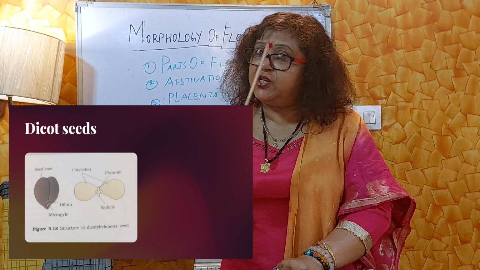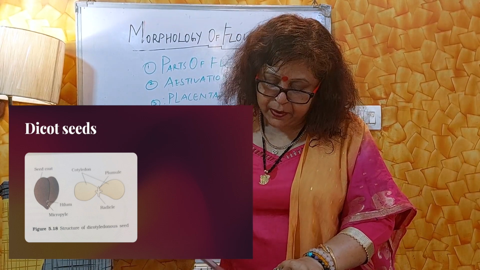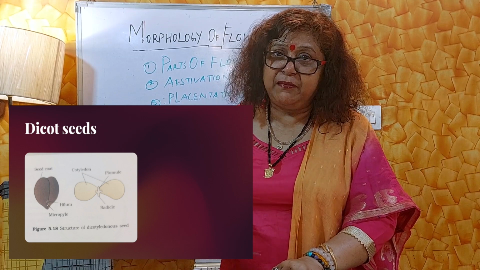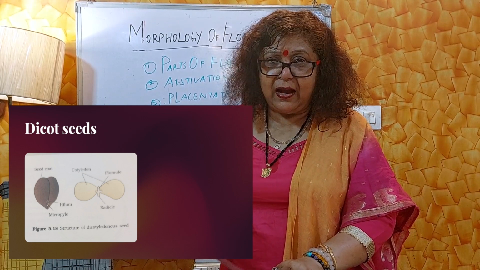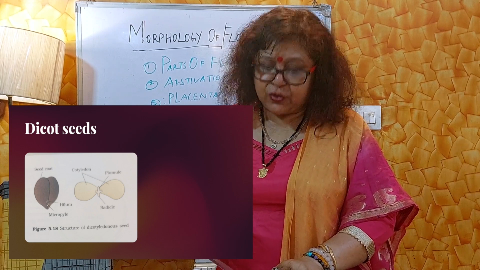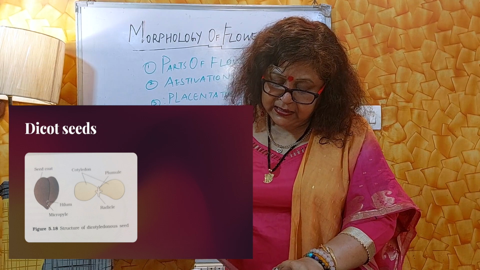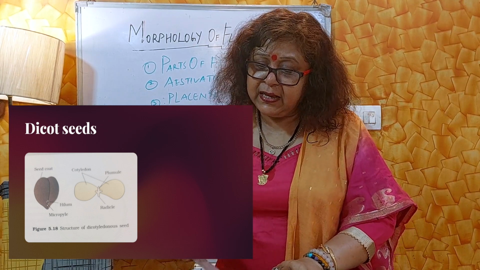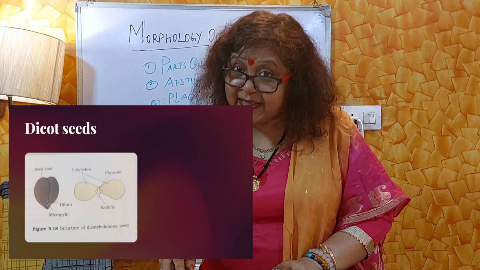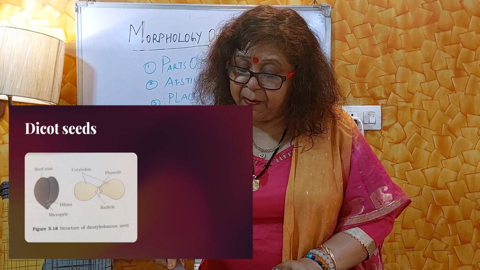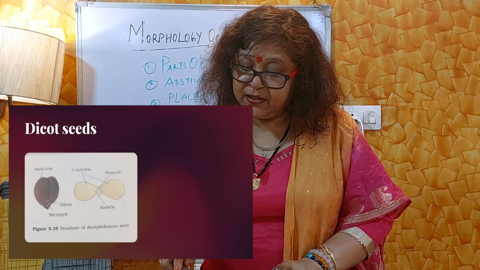Now, what is the structure of a dicot seed? The features: first, this type of seed is light or dark brown in color. Second, the surface can be smooth or wrinkled. Third, an oval scar is present on the side, which is called the hilum. Next, the outer hard and leathery part of the coat is sometimes called the testa, and the inner thinner layer is called the tegmen.